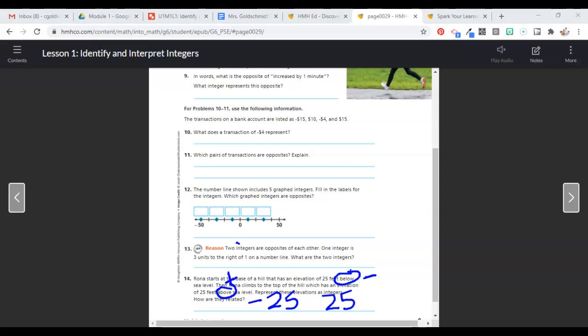They are opposites. My E's not working out for me, let me just rewrite that. So they are opposites. Hopefully yours is writing a little bit better than mine. I'm on the side of my drawing pad right now.